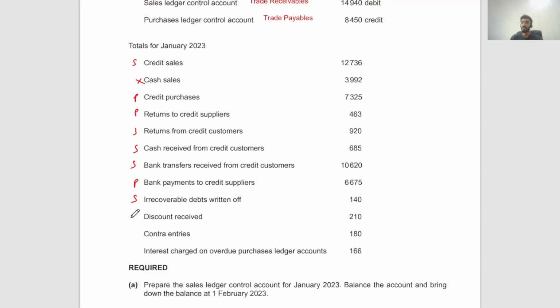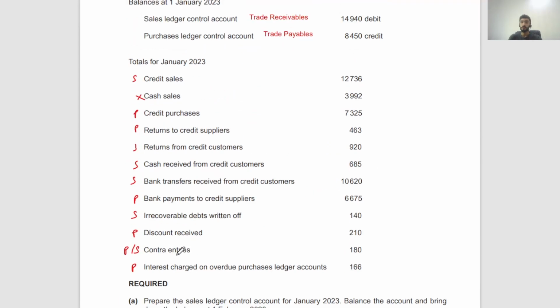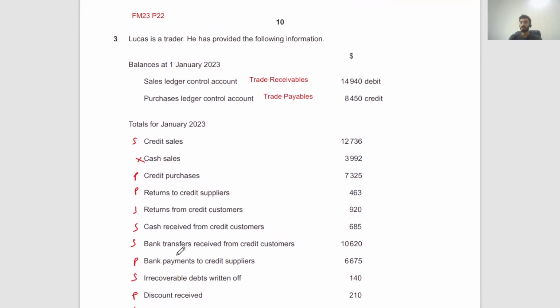Discount received, of course, with your suppliers, with payables. When you pay something, you receive a discount. Contra entries with both, right? P and S, both of them. We'll talk about this later. Interest charged on overdue purchase ledger control account, obviously that's just your PLCA. That way, I think it's a very easy question to deal with.